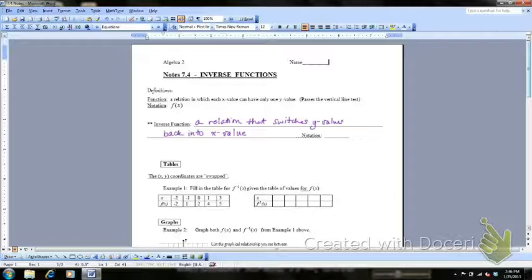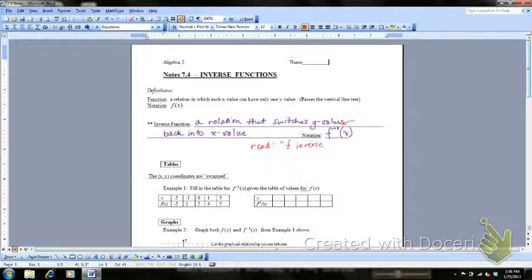And there's a specific notation that we use that looks like this. Remember our f of x notation that represents y? Well, the inverse that undoes it has this little -1 power up here. And that little -1 is not a negative exponent. This is read as f inverse.